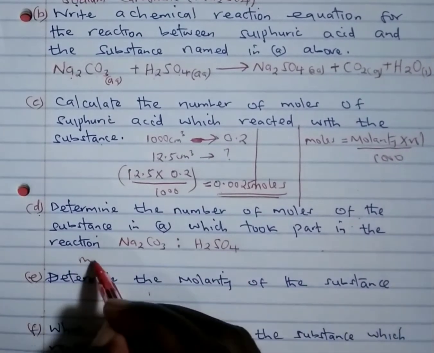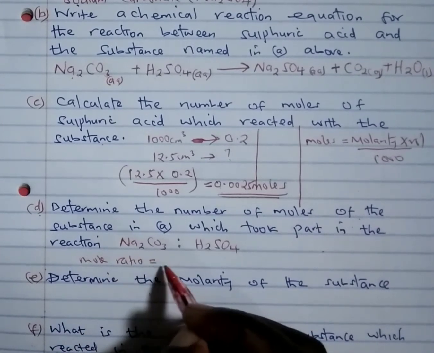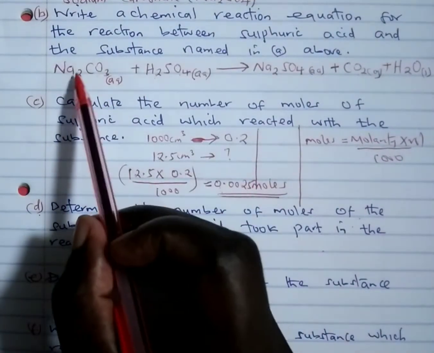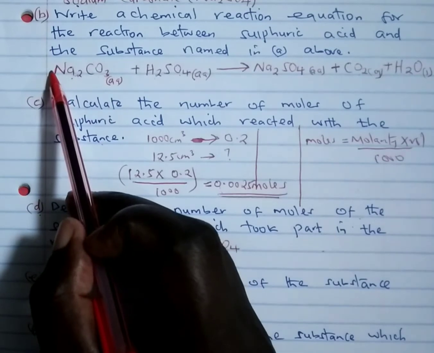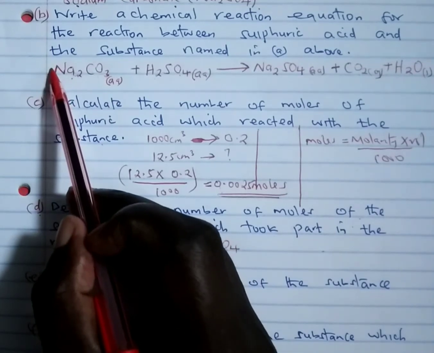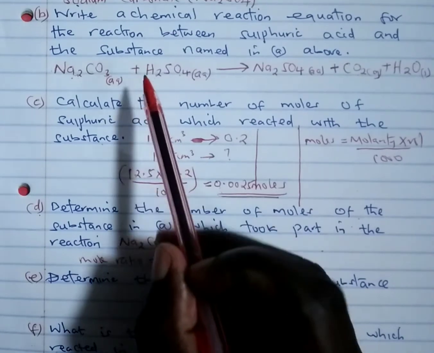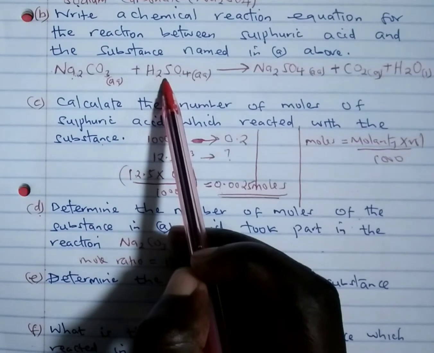In this case, the mole ratio is going to be equal to 1 to 1. How did we get that? We look at the balancing figures. Behind sodium carbonate, there is nothing. In other words, there is 1. And behind sulfuric acid, there is also 1.